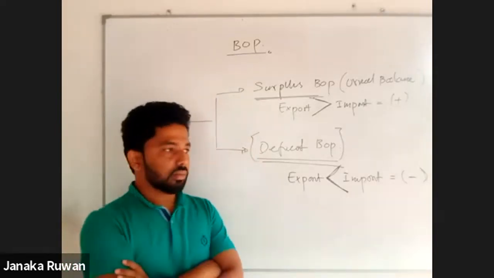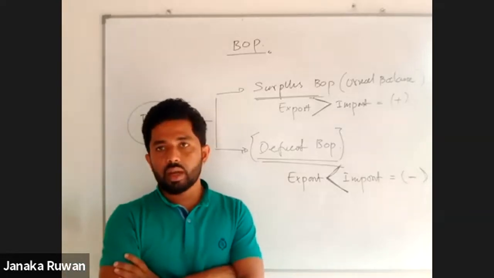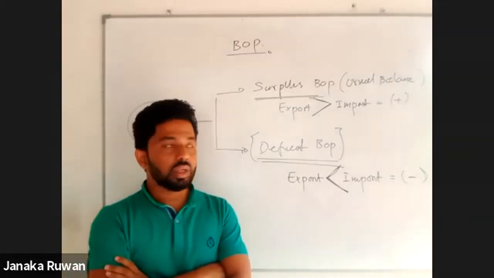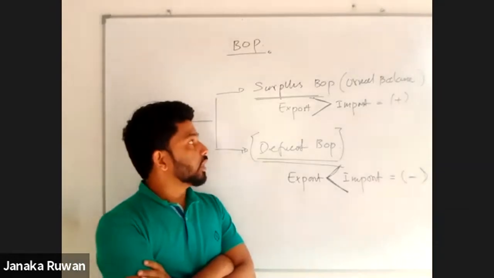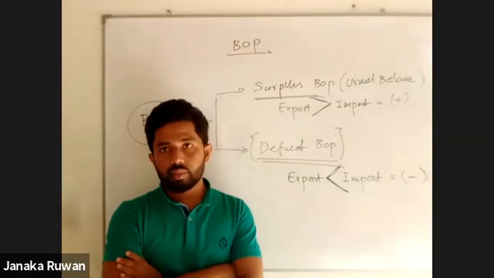Okay, write down here with a star mark what will happen in a surplus in BOP or a deficit of BOP.